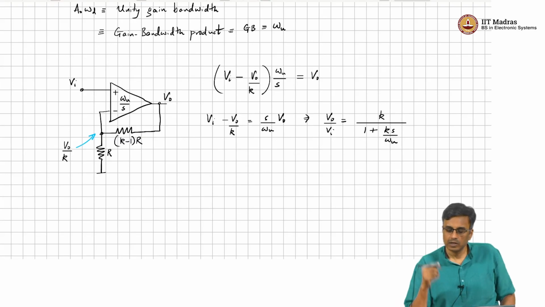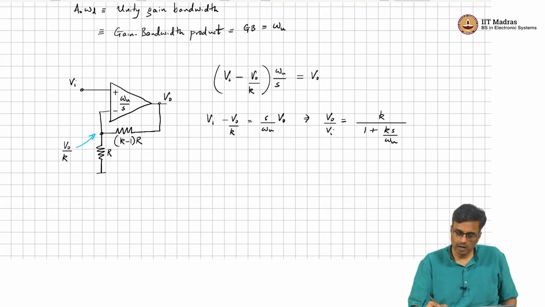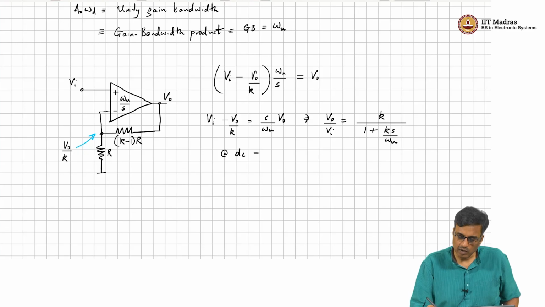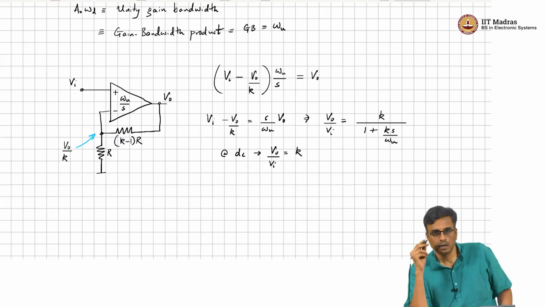All right. So, as expected, at DC, what is the gain? And is that surprising? Yes or no? Why does that make sense?